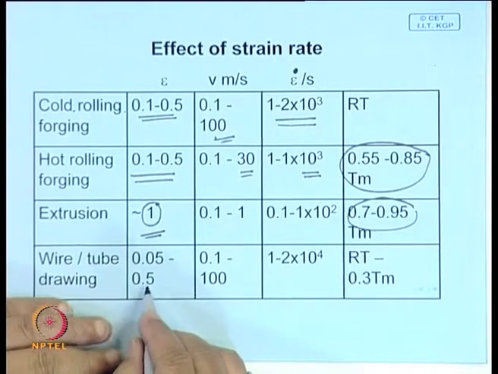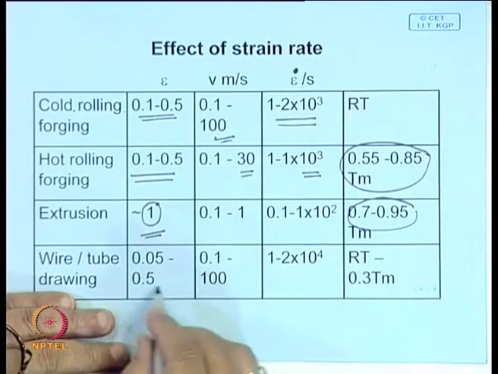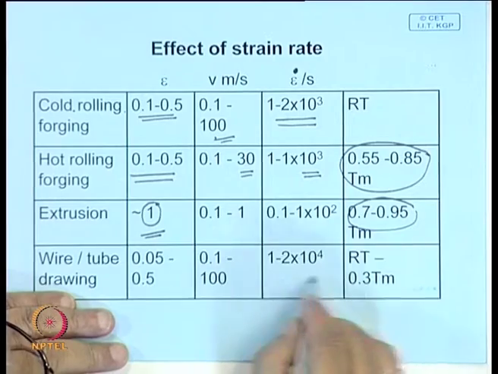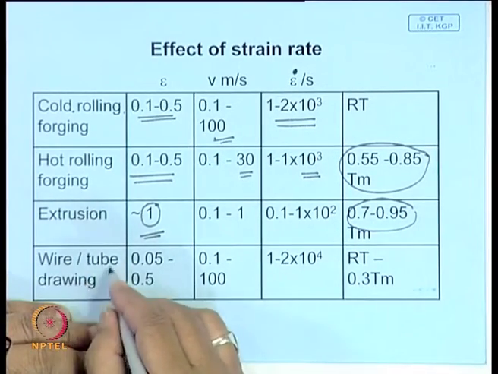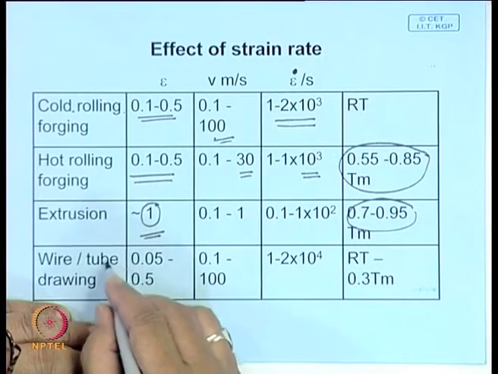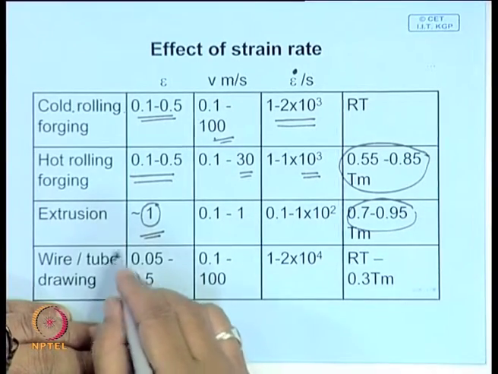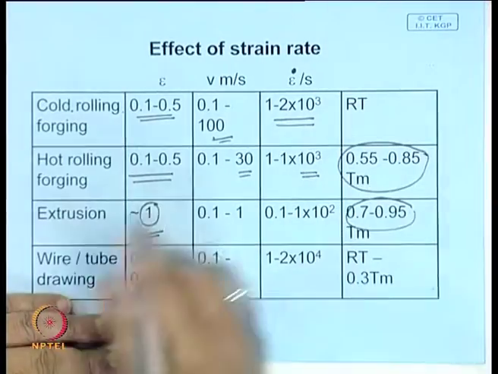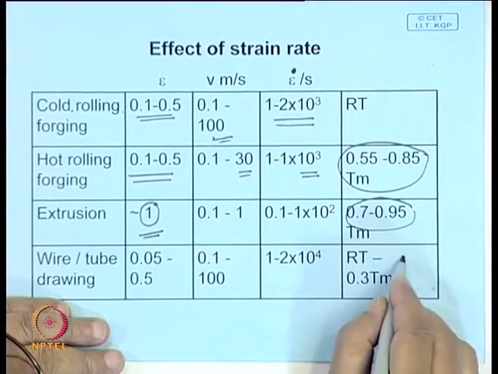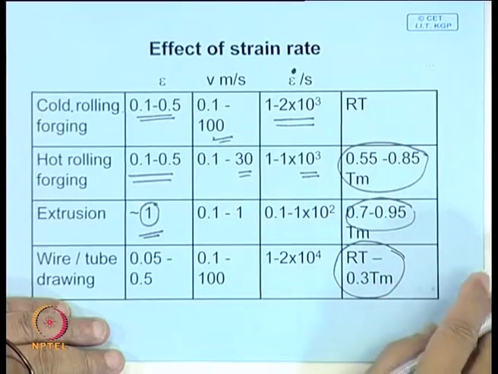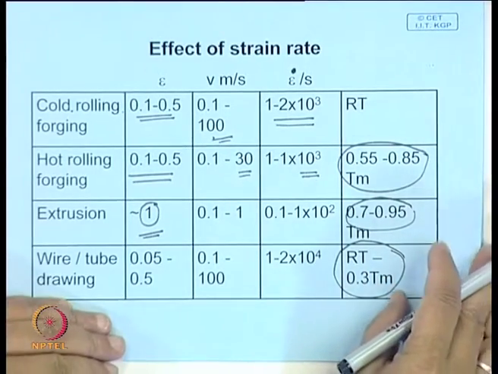Now, wire and tube drawing, this is a cold working process. Usually wires or tubes are drawn. Tube can be drawn at a high temperature also, but wire drawing is usually a cold drawing process, done in this temperature range.